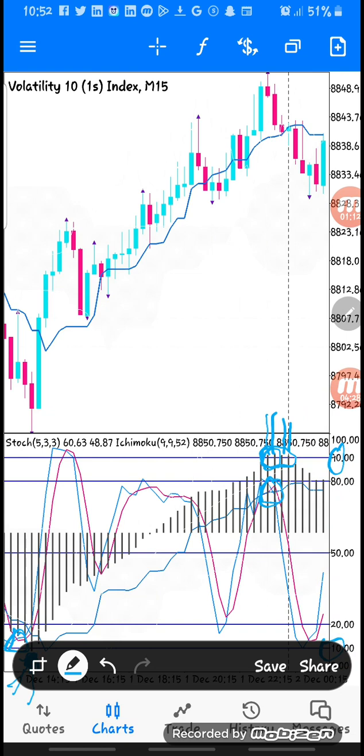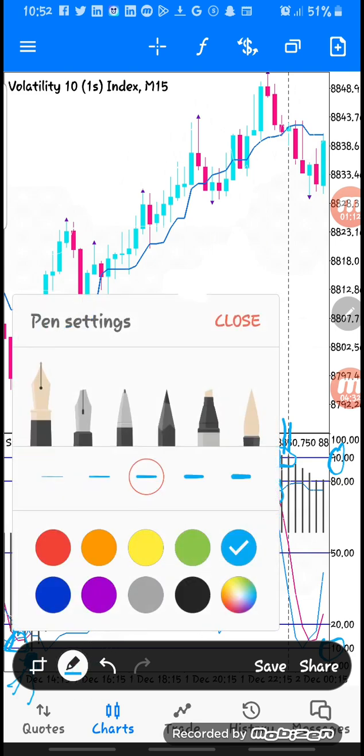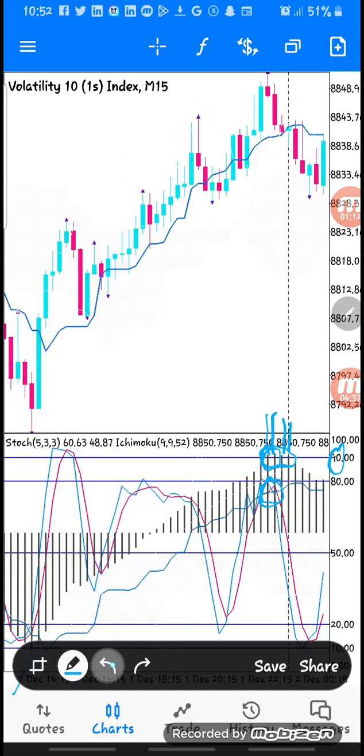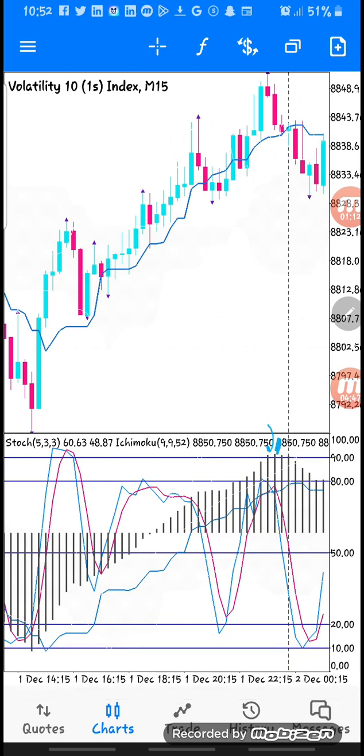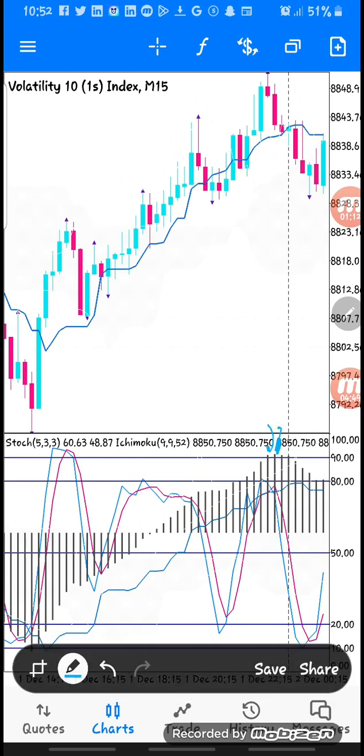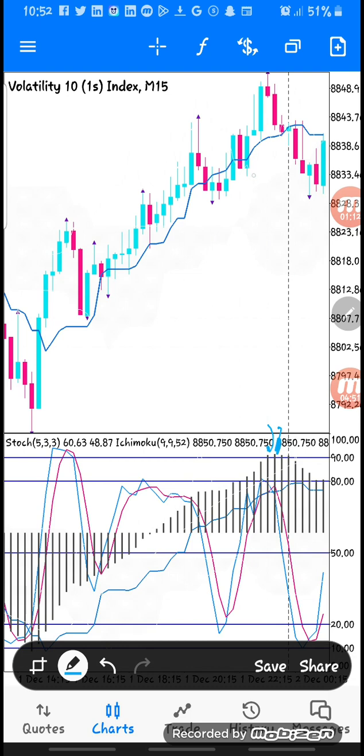How do you know when this candle closes? When the next one opens. This one can only close like that when the next stick opens, and each of the sticks opens according to the candles.